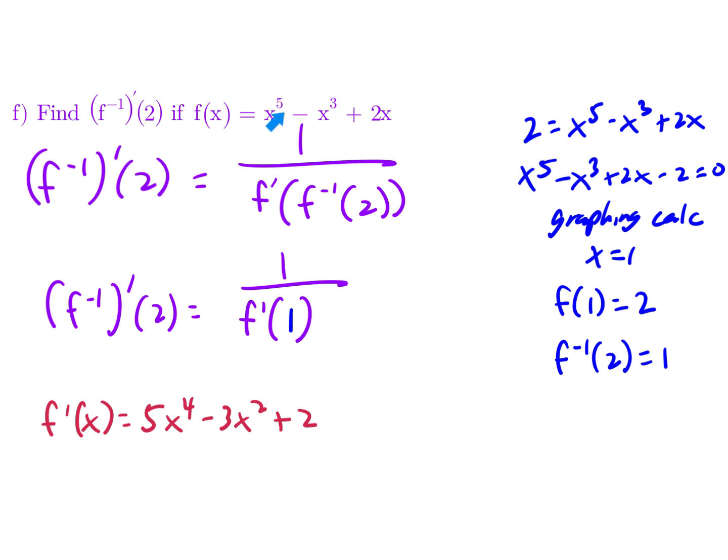Just power rule. 5x to the 4th minus 3x squared plus 2. Now I need to plug the 1 in, and I get 5 minus 3 plus 2, which is 4. Which means the derivative of the inverse at 2 is 1/4.